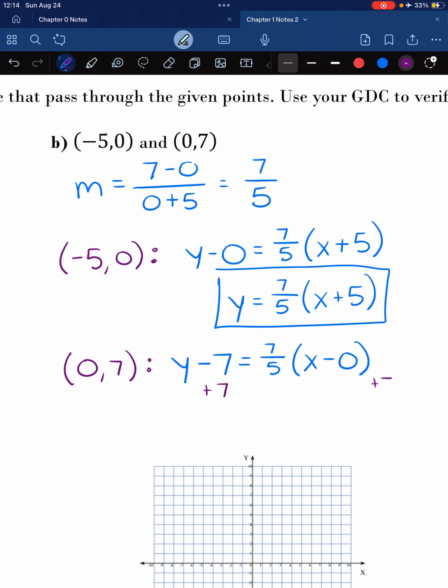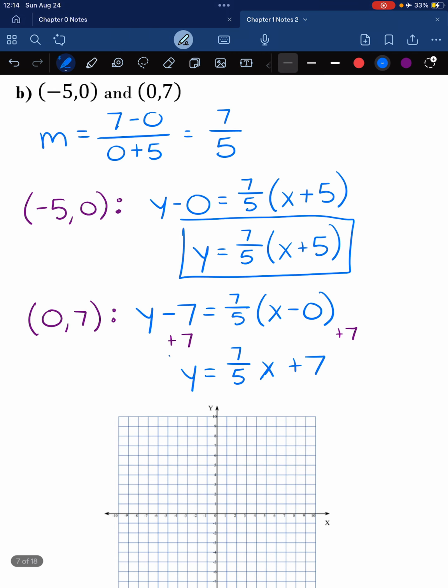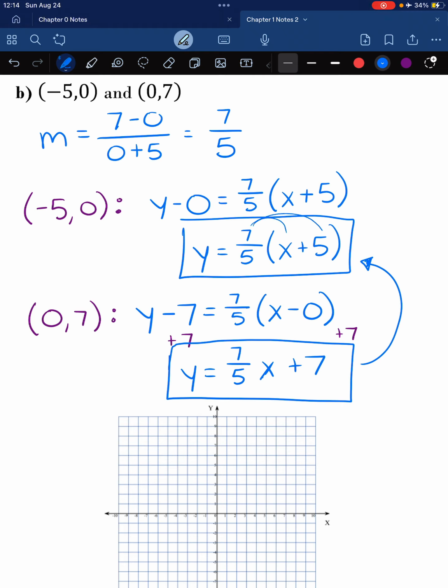I am going to go ahead, so I can graph this in the calculator, move the 7 over. And now we can see that it is actually in slope-intercept form, right? Because that x minus 0 is the same thing as just x. And I would get this exact equation if I distributed the slope to both of the terms in this equation.